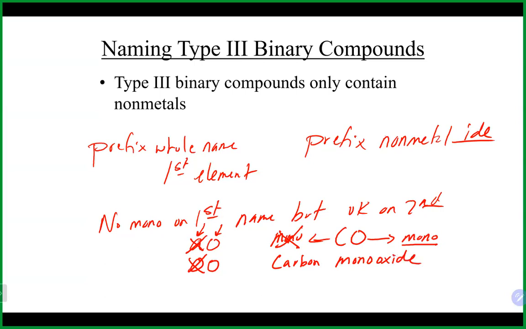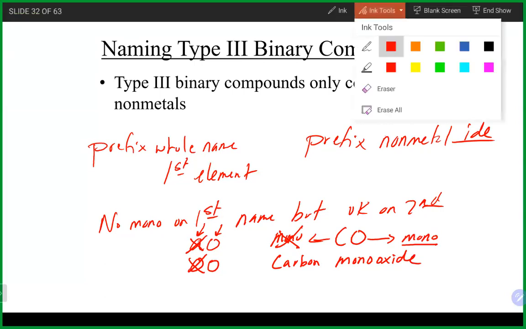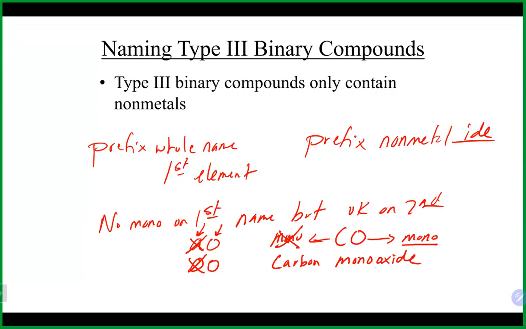Now, this is a case, as I was just talking about, where we get two O's backed up to each other. In this case, we will get rid of the O on the prefix. We don't call this carbon monooxide, we call this carbon monoxide. So we get rid of that O, and the proper second name should be monoxide.